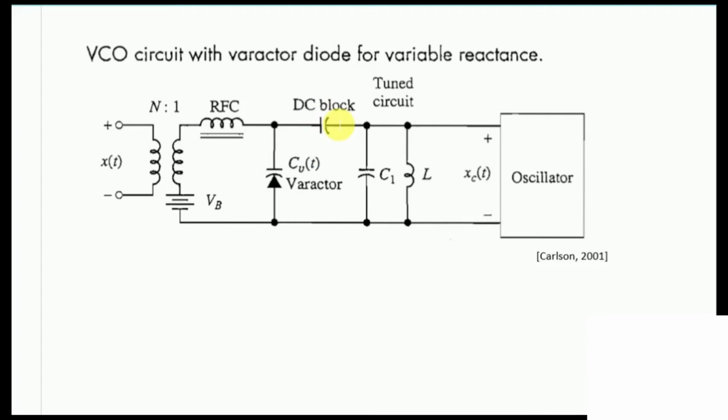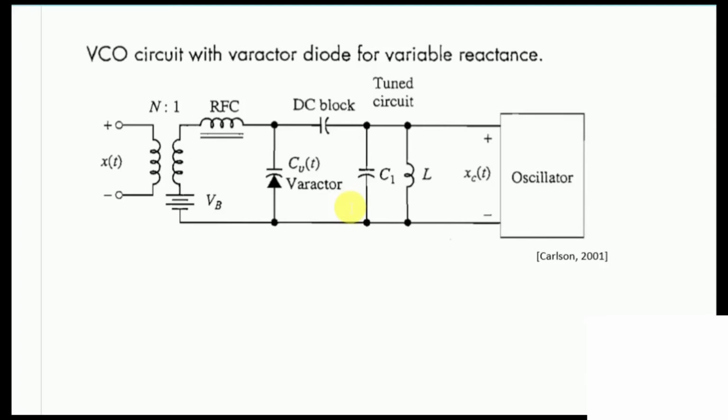So we are left with the components capacitor and inductor, which are in parallel, and importantly we have a varactor diode. This is the most significant component when we are designing the voltage control oscillator.